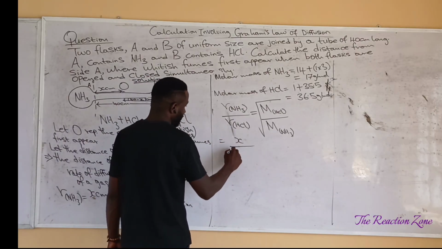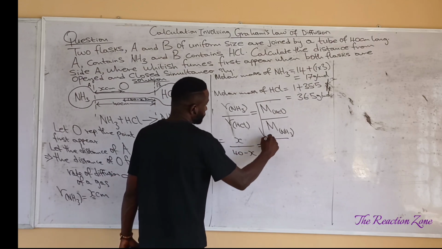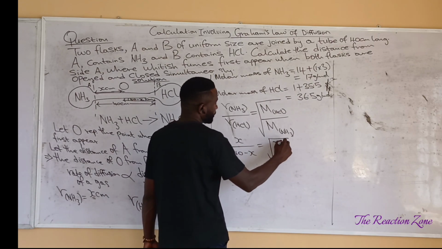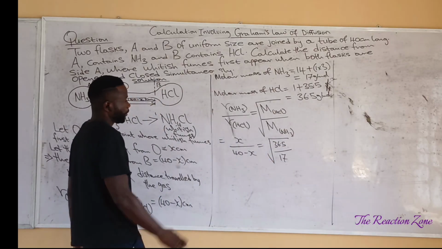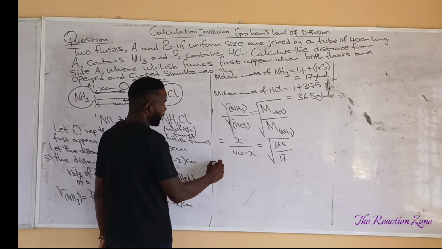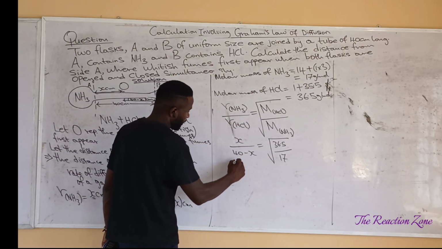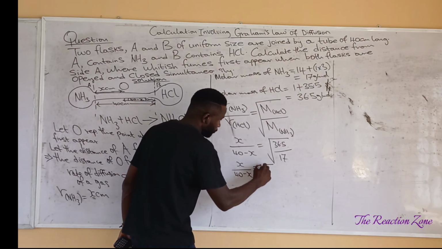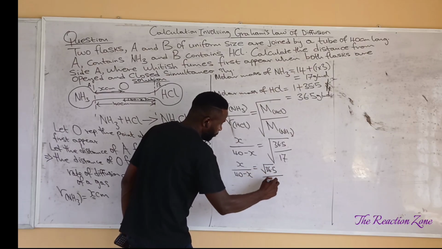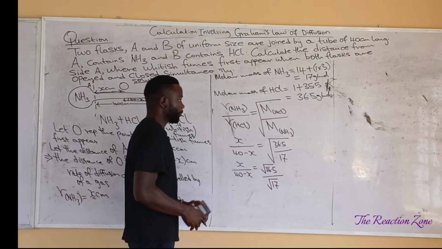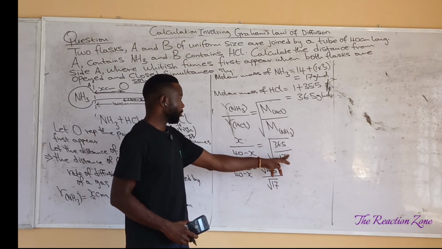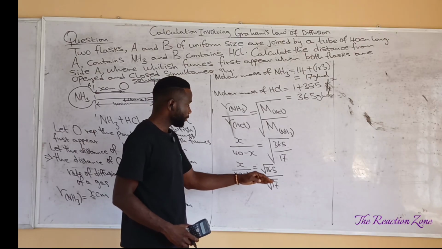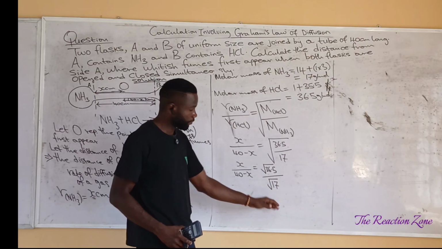That of HCl is represented by 40 minus x, and this will be equal to root 36.5 over 17. What is here can also be represented as x over 40 minus x is equal to root 36.5 over root 17. The right hand side of this equation can also be represented as this using the division law of surds.